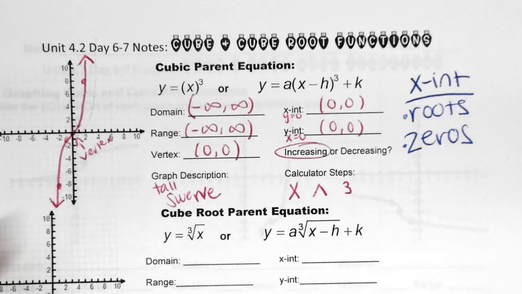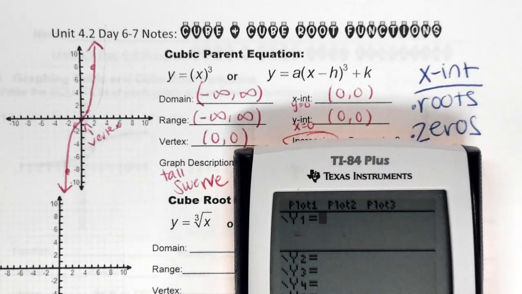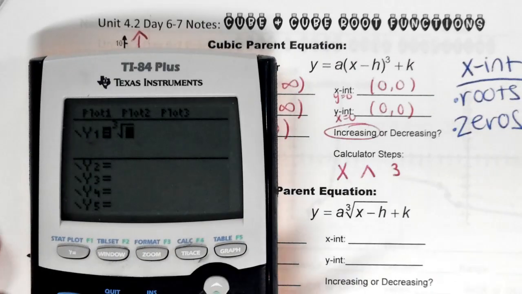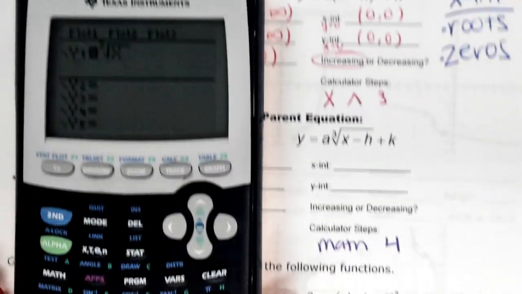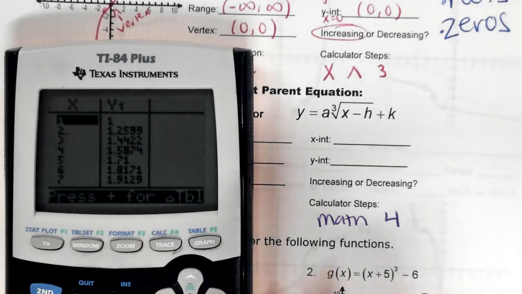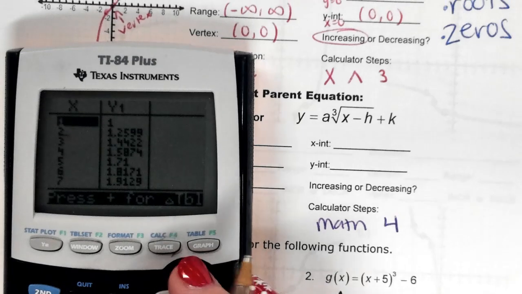Okay, now let's look at our cube root parent function. To do a cube root, you hit math 4. I'm going to go to my table. This is kind of like square root when you have all those ugly decimals, but we're only plotting pretty points.